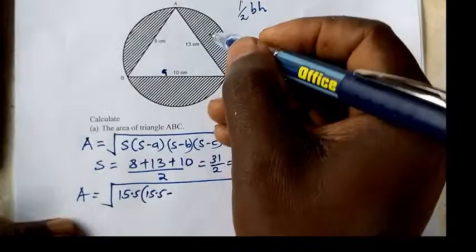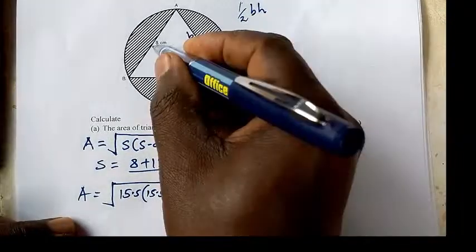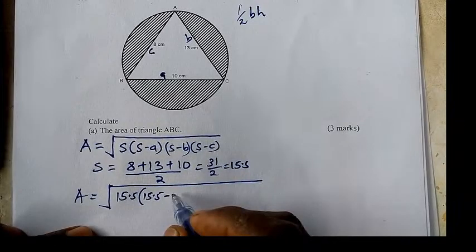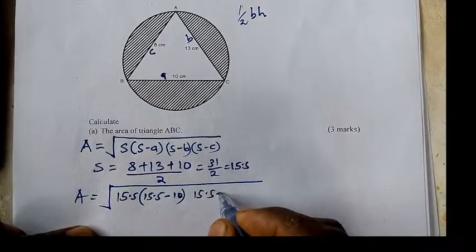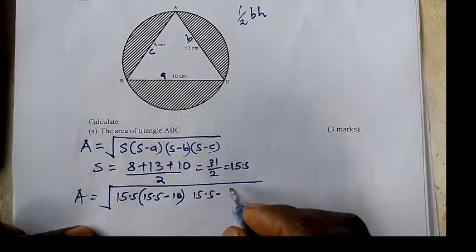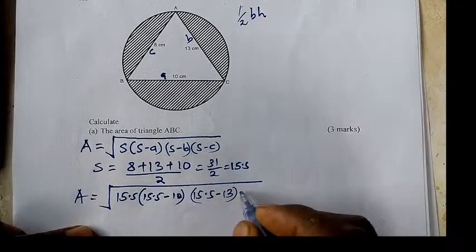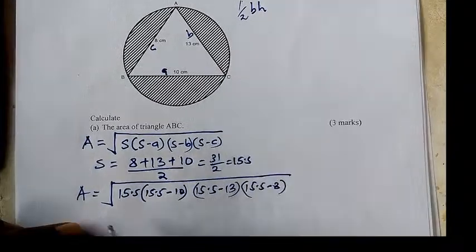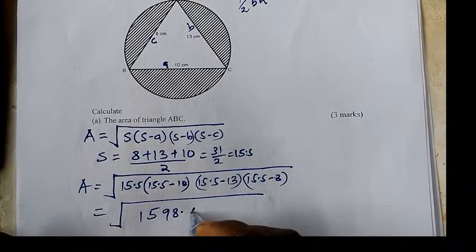15.5, then BC. So minus A is 10, and then 15.5 minus B, which is, 15.5 minus C, which is, 98.43.